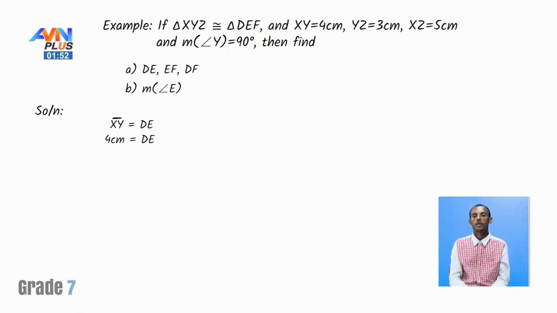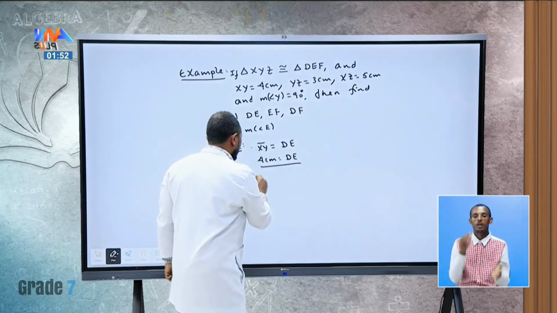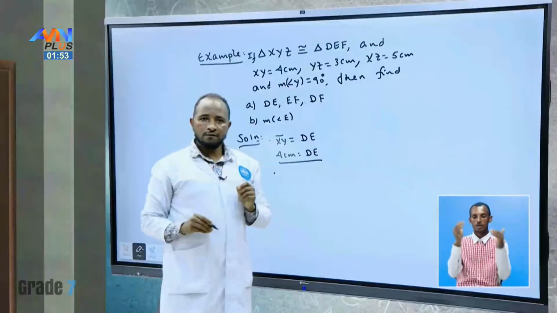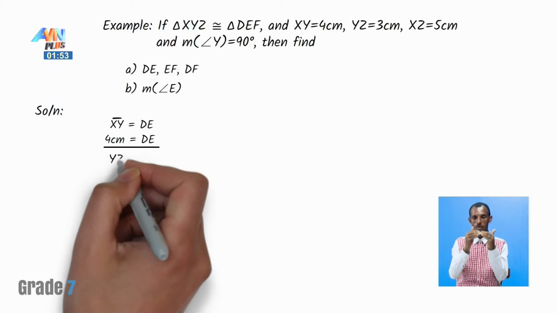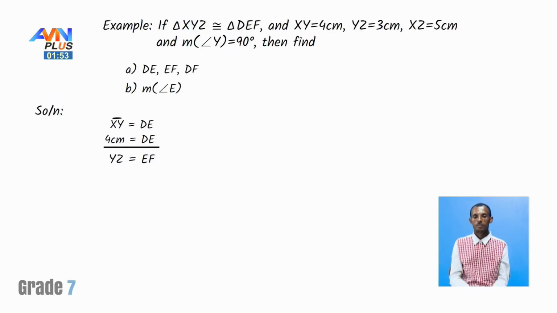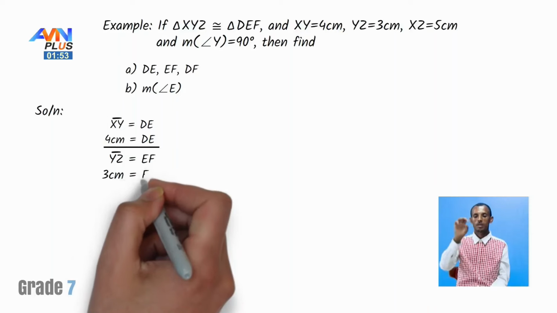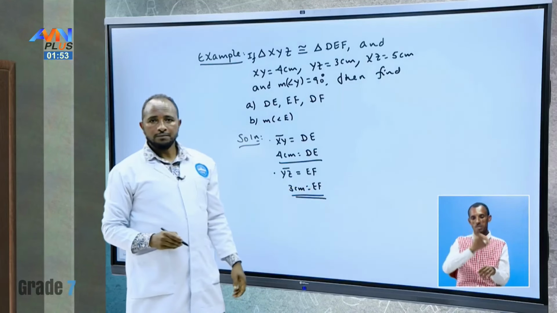Therefore, DE is the same, so the length of DE is 4 centimeters. Again, YZ must be congruent to EF. YZ is given, it is 3 centimeters. So 3 centimeters is the measure of EF. Therefore, the length of EF is 3 centimeters.